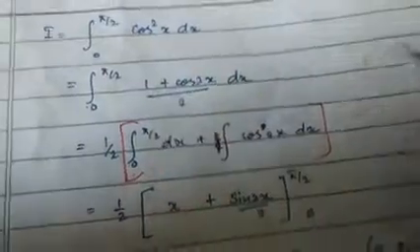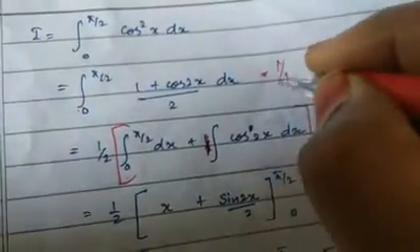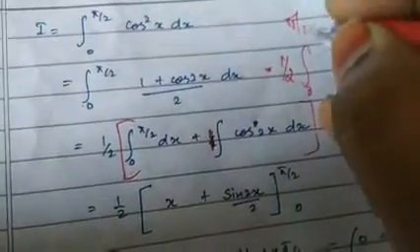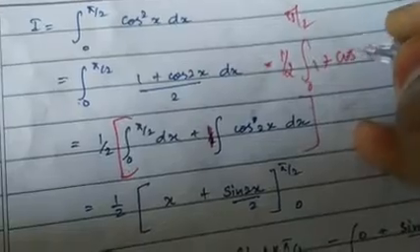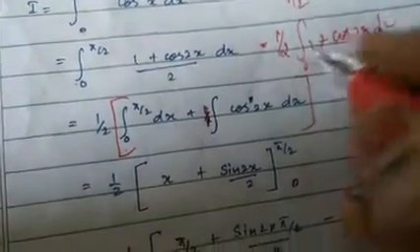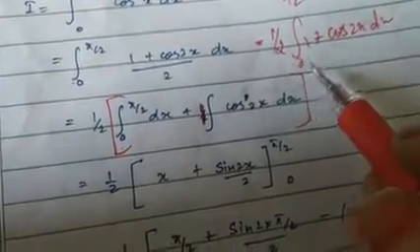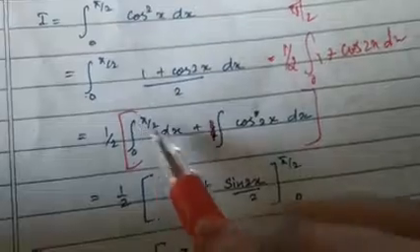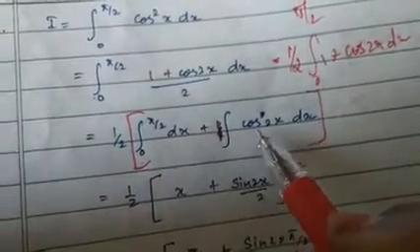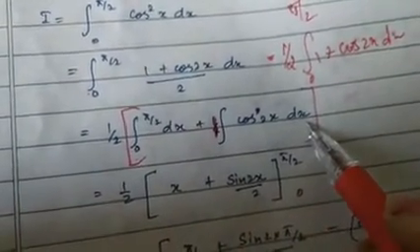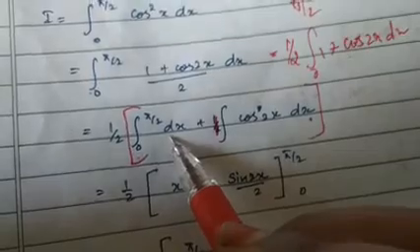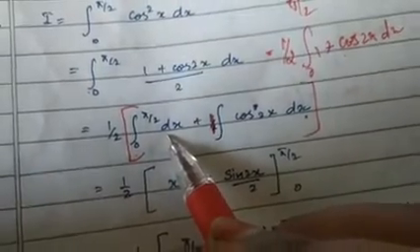Therefore, separate the integral. It is 1 by 2 into integral over 0 to pi by 2, 1 plus cos 2x, when you take 1 by 2 outside. After that, separate the integral. When you separate the integral, you will get integral 0 to pi by 2 dx plus integral of cos 2x dx. Now, when you integrate dx, you get x.